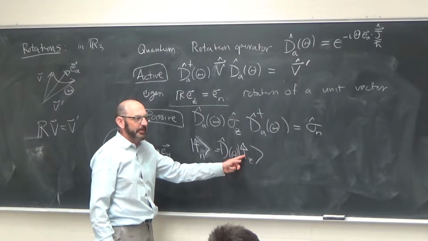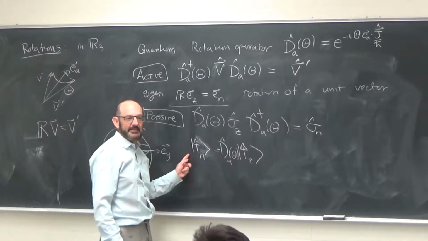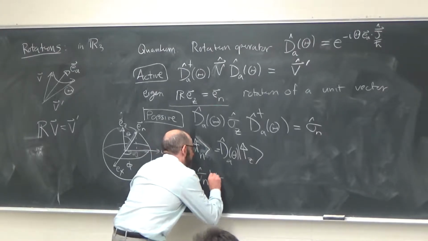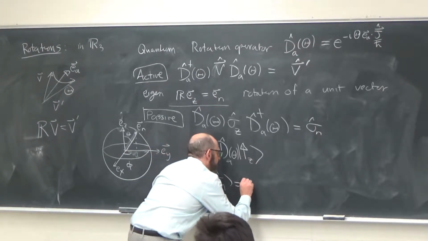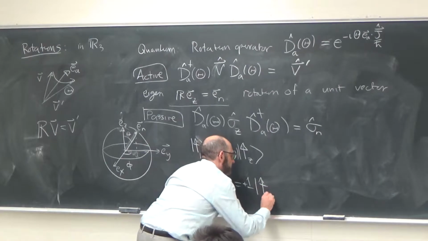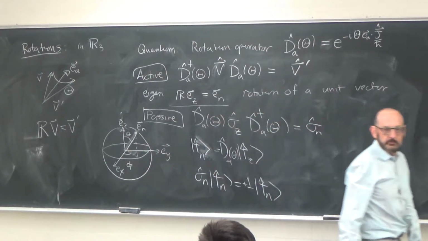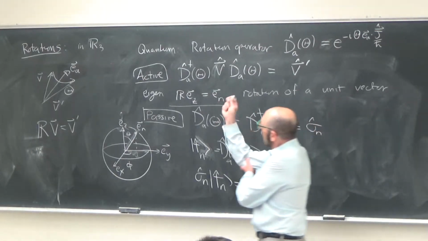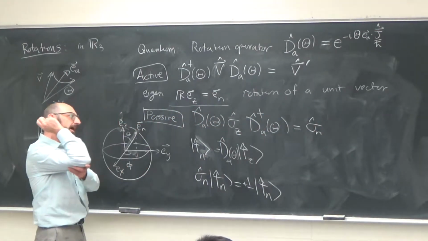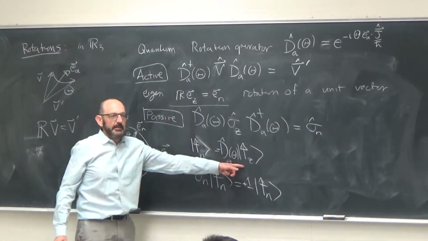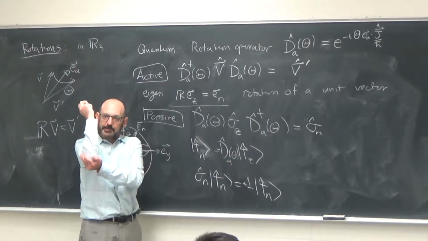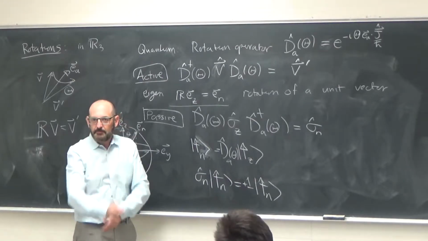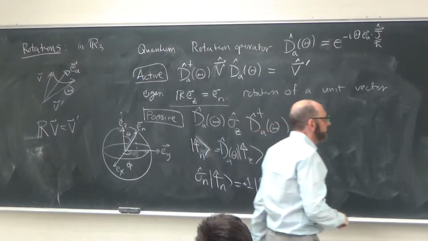Sigma z on that is +1, and then I rotate it back. So indeed, this is an eigenvector of that with eigenvalue +1. Okay, so I can apply this rotation operator, which rotates the vector to the spin. And it takes spin up along z to spin up along n. Okay?